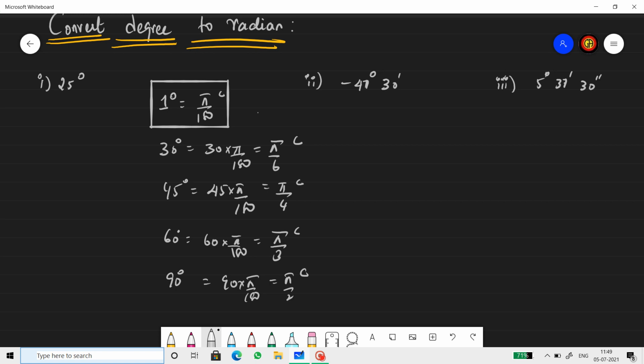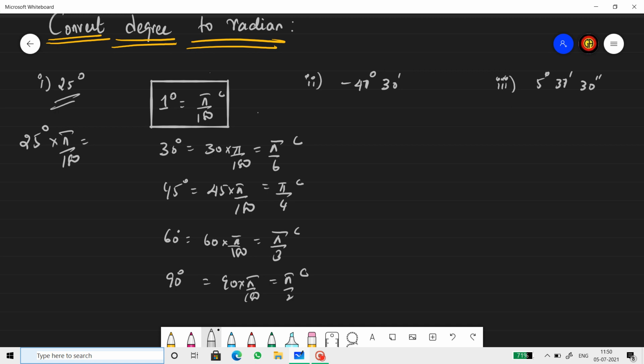Now let's go to some unknown angles that we are not familiar with, like 25 degree. Well, I think you are okay now with this, isn't it? 25 degree is equal to 25 multiplied by pi by 180, because 1 degree equals pi by 180 radian. So 25 degree is 25 into pi by 180.